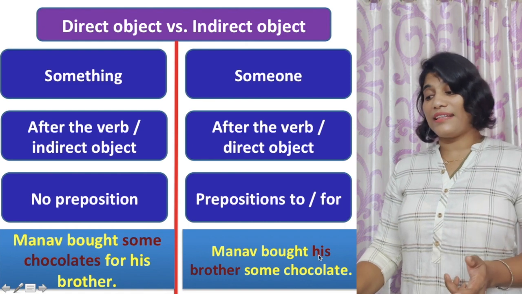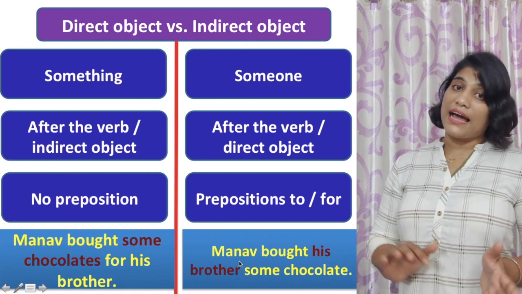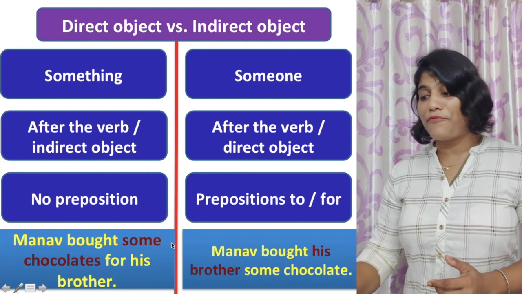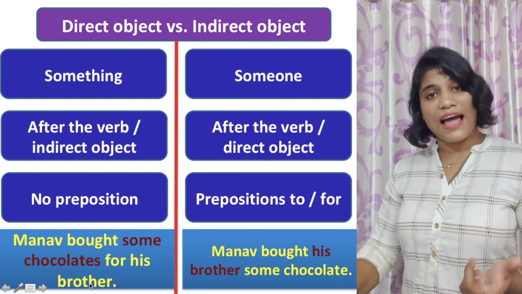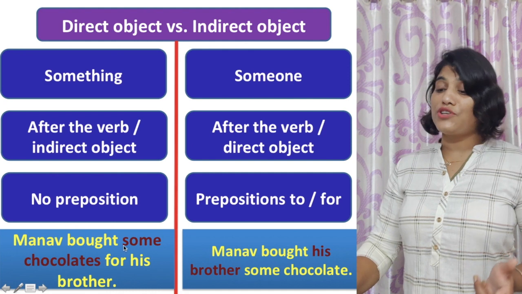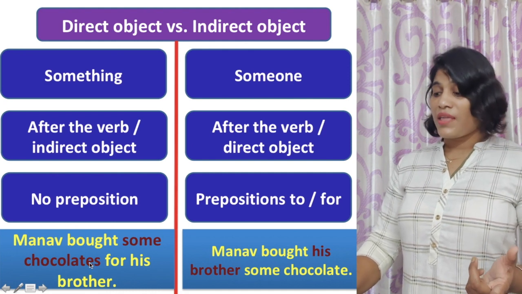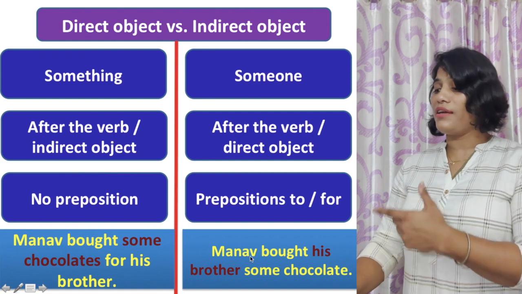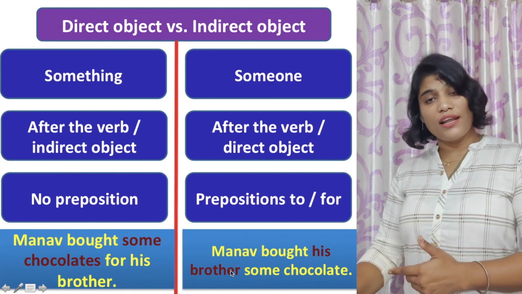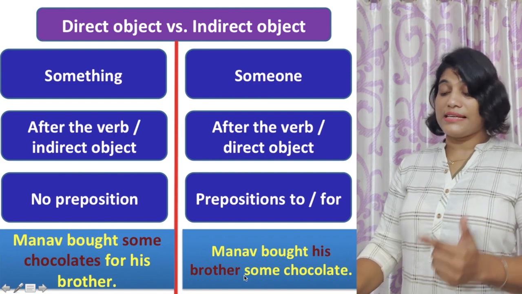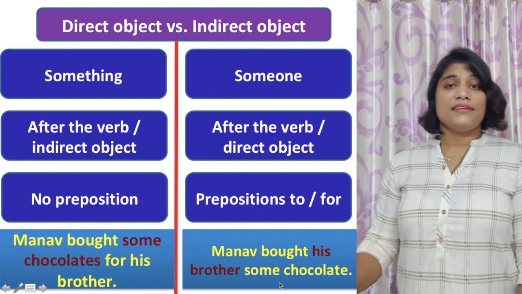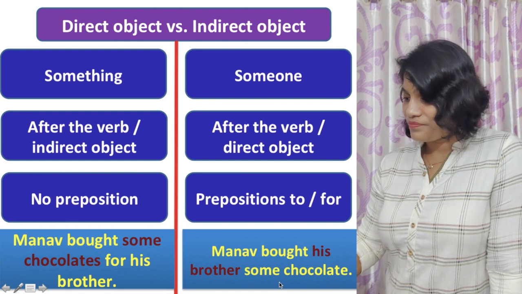Here his brother is the indirect object and some chocolate is the direct object.